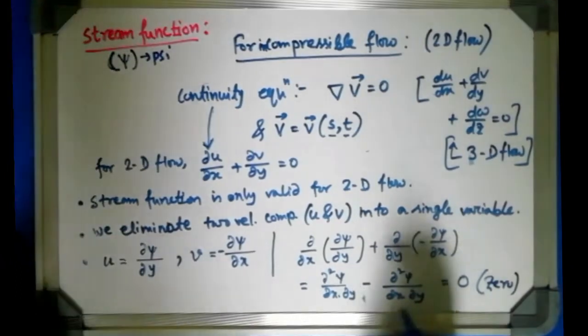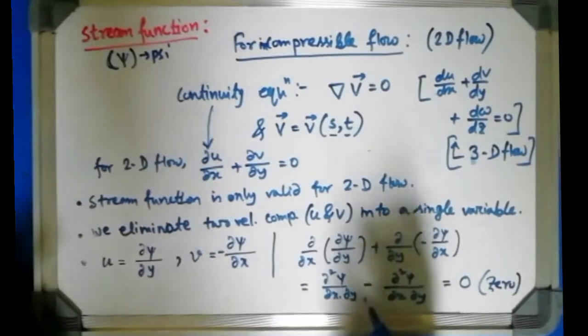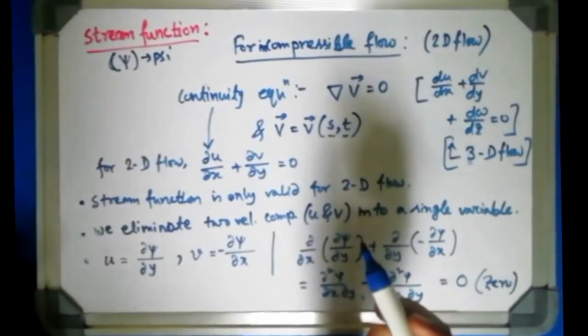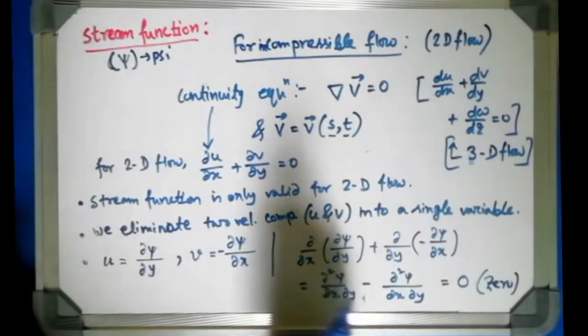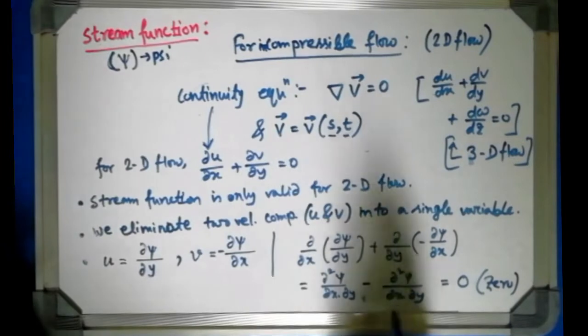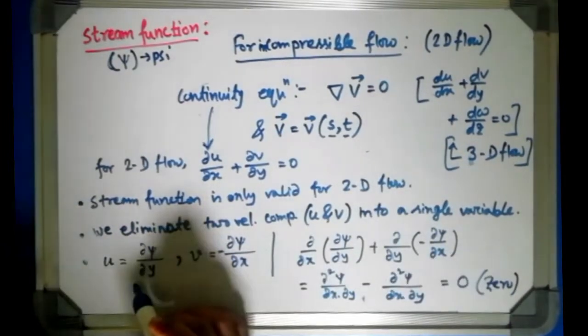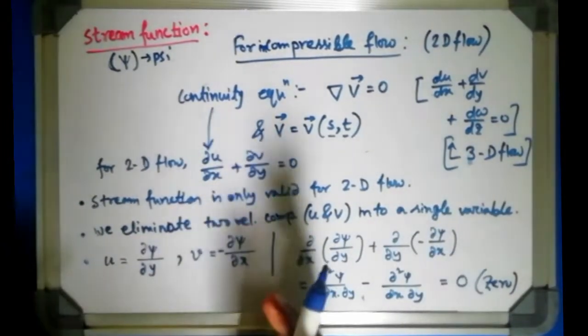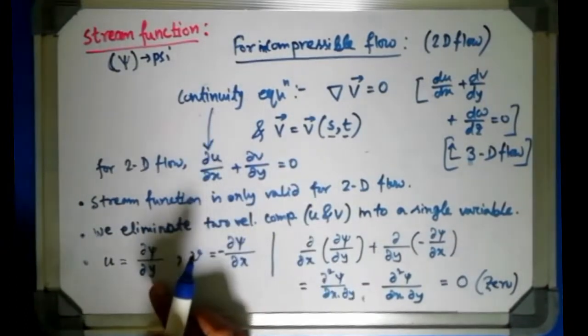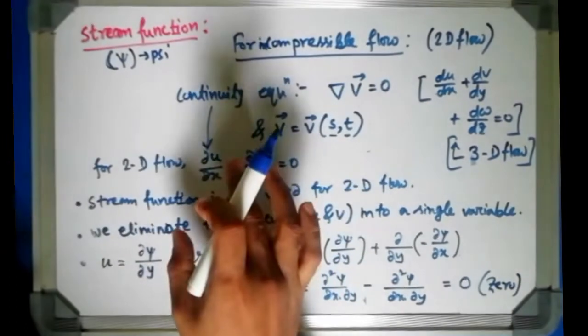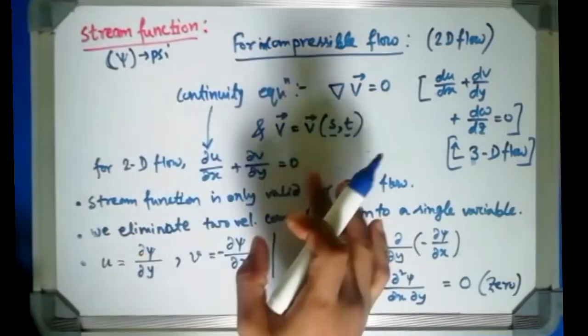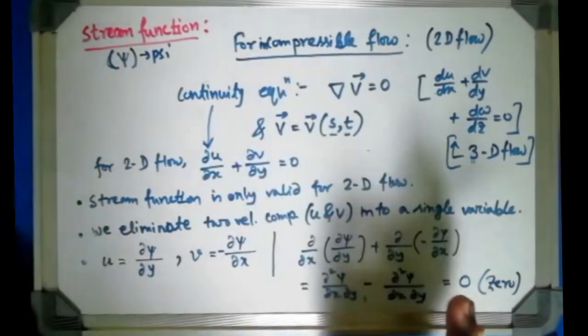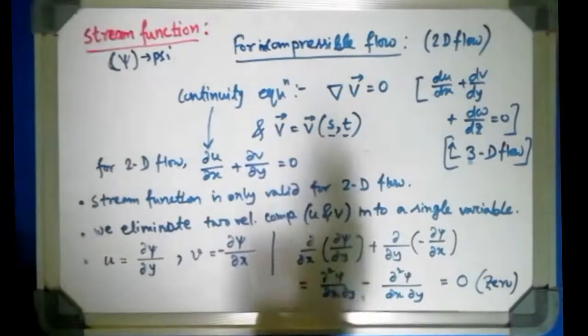So you can see now that the continuity equation is replaced by only one variable, that is psi. No u, no v. You don't have to know u and v. If you know the stream function, then the velocity profile is known to us.